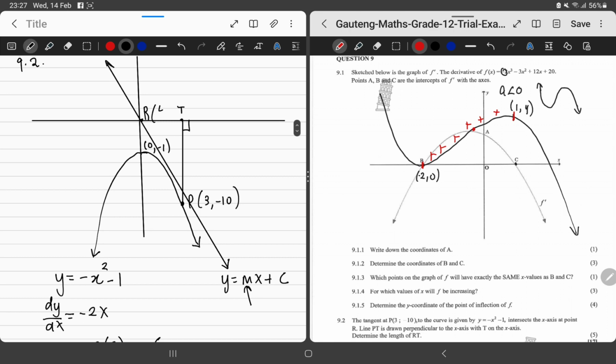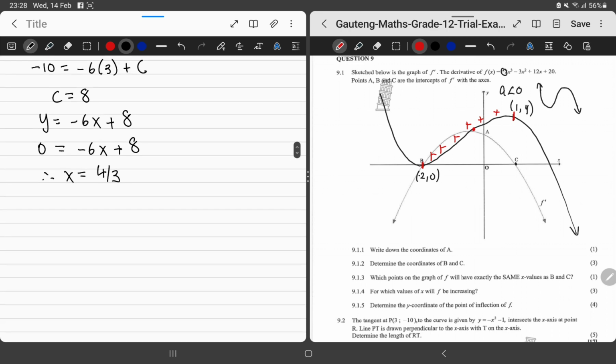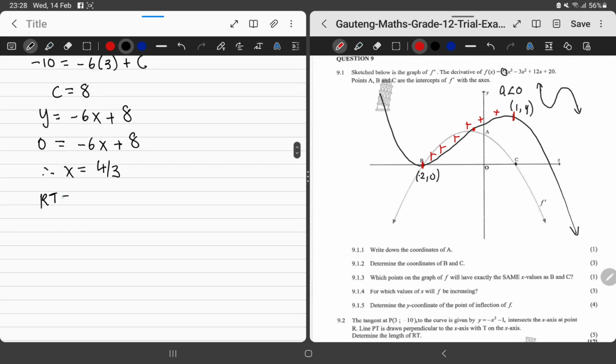So the coordinates of R are (4/3; 0). And then they told me that PT is parallel to the y-axis, so the x value won't change. I'll still have a 3 there. The length of RT should be equal to 3 - 4/3. I am getting 5/3, which is 1.67 units.